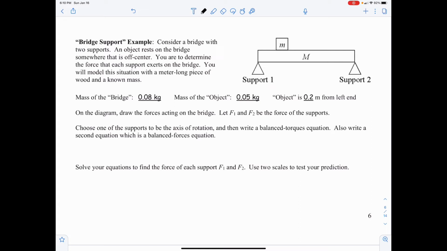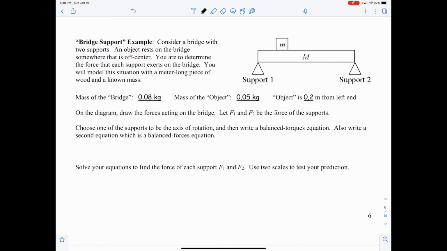Okay, so what we'll do in this one is choose one pivot to be the fulcrum and the other pivot to be something that we know the force from that support.